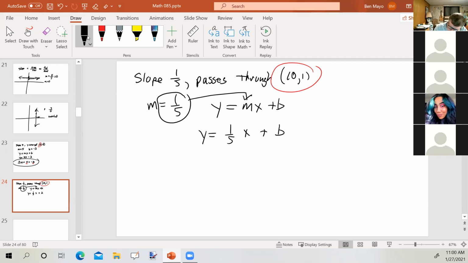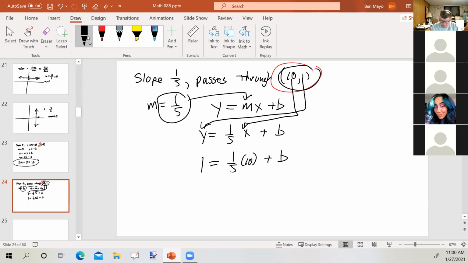What I can do, I can take this ordered pair, take the 10, which is the x value, and put it in for x. Take the 1, which is the y value, put it in for y, and we get 1 equals 1/5 times 10 plus b, which means 1 equals 2 plus b. 10 over 5 reduces to 2 over 1. Subtract 2 from both sides, and b equals -1.